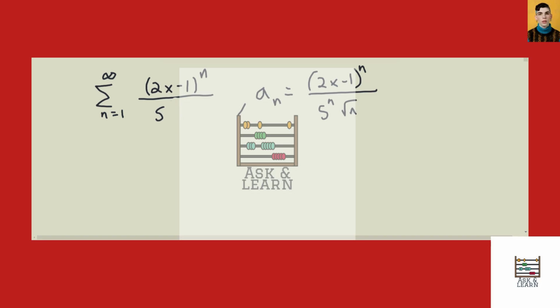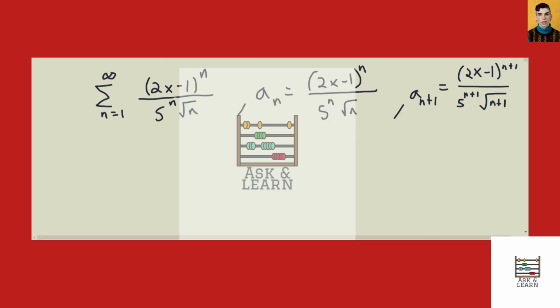This is written wrong, it should be 5 to the n times the square root of n. Okay, that's our a of n. And then our a of n plus 1 is equal to the same thing, but we're just going to substitute n with n plus 1: 5 to the n plus 1, and then finally the square root of n plus 1.